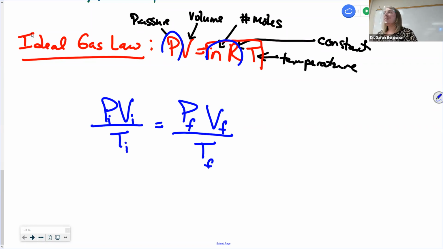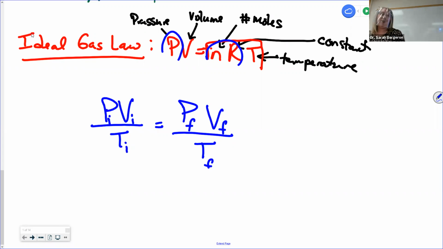So basically what this says is, if you start out with these three initial conditions and you change one of the conditions, what's going to happen to the final stuff? The way that I remember this one is always put your peas and vegetables on the table.